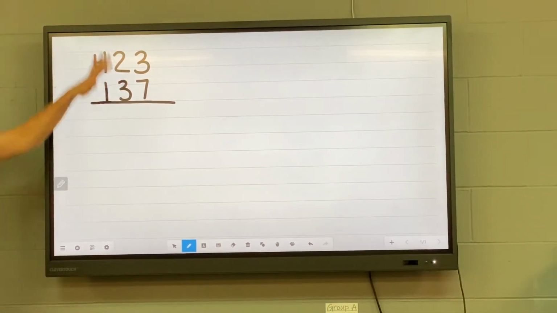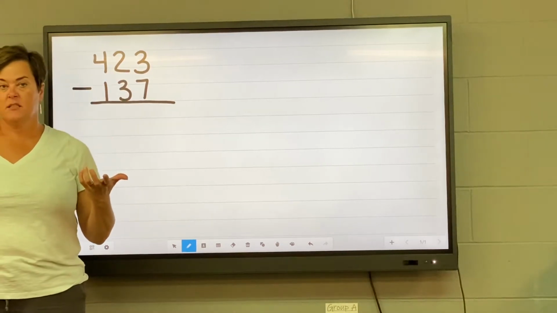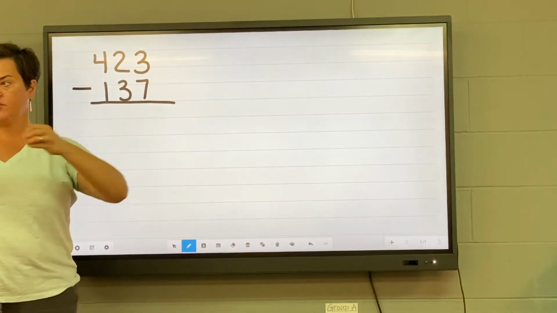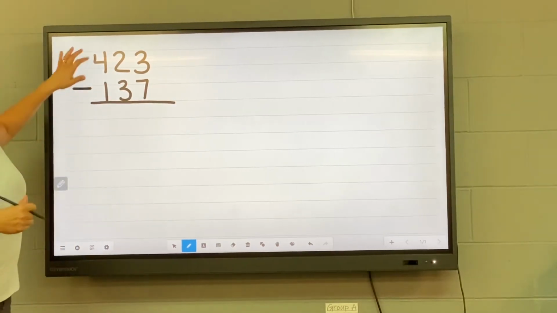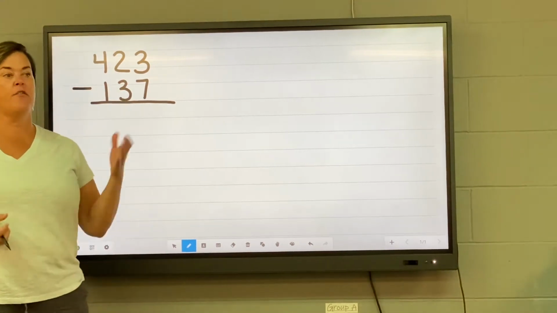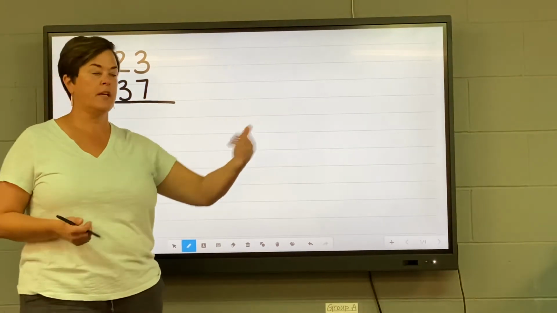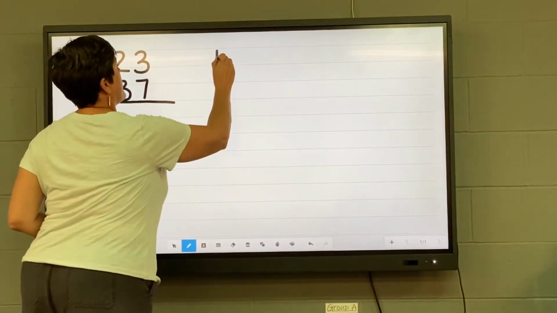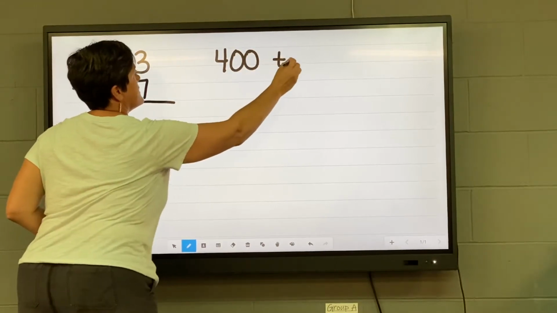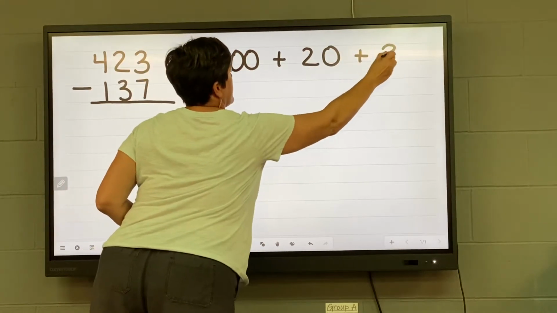Okay, now we could just go through the standard algorithm, but let's break it apart. Remember how we break it apart in expanded form, like we're stretching a rubber band? So in 423, think about how you say that, 423. Remember how we've written problems like this before? 400 plus 20 plus 3.